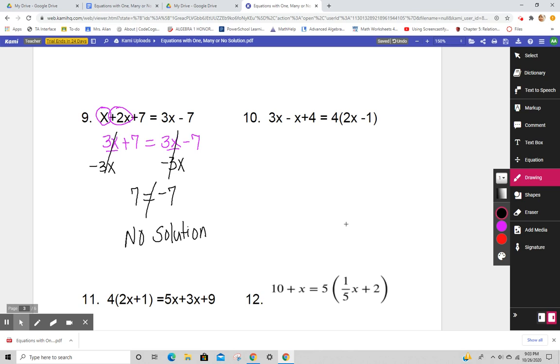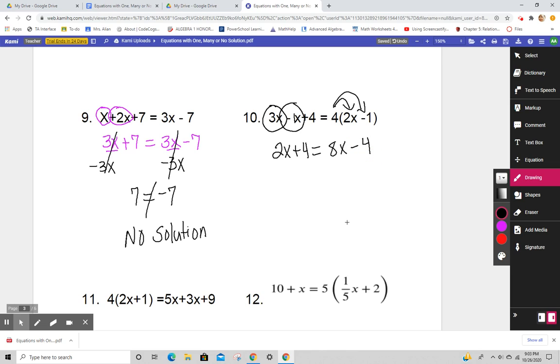All right, so let's go to number 10. Let's combine our like terms, 3x minus 1x. I'll put a 1 here. 3x minus 1x, well, that gives us 2x on this side plus 4 equals, let's distribute. That gives us 8x minus 4.